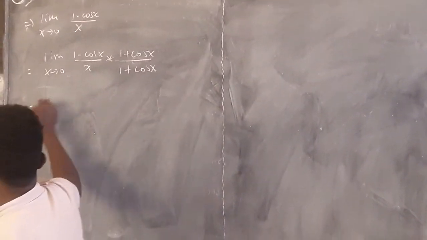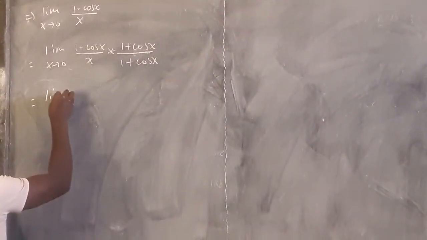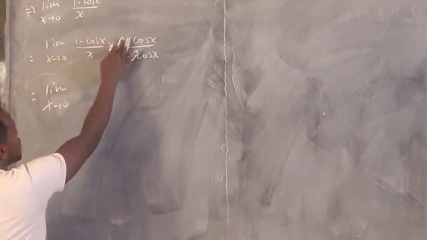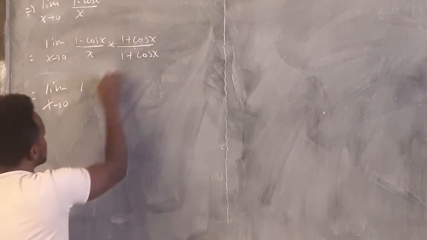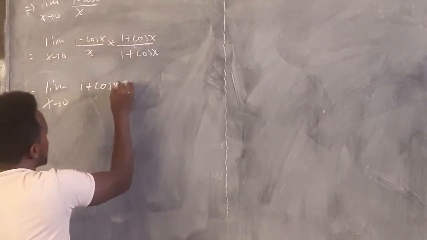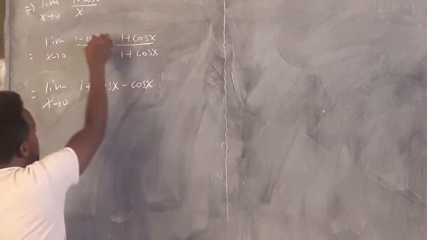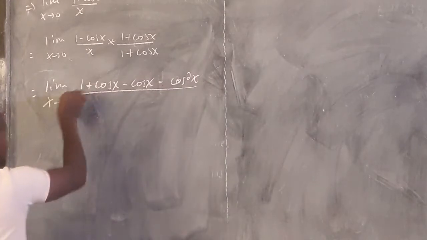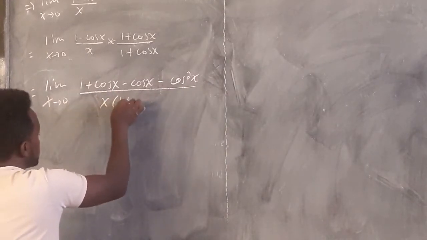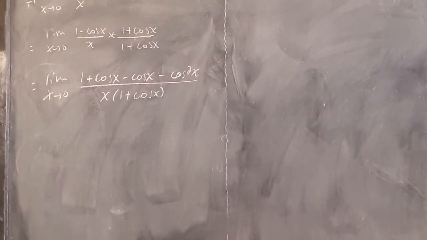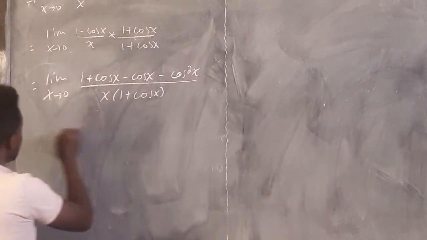This gives us 1 times 1 is 1, 1 times cos x is cos x, cos x times 1 is cos x, and cos x times cos x is cos square x, over x times 1 plus cos x.